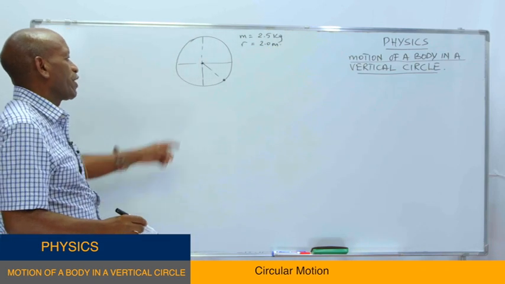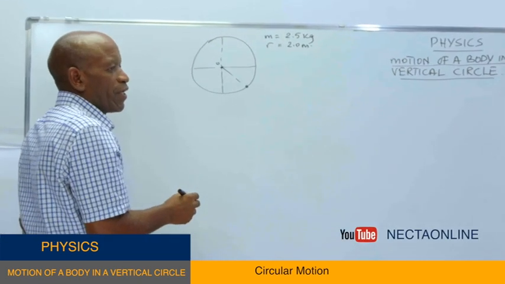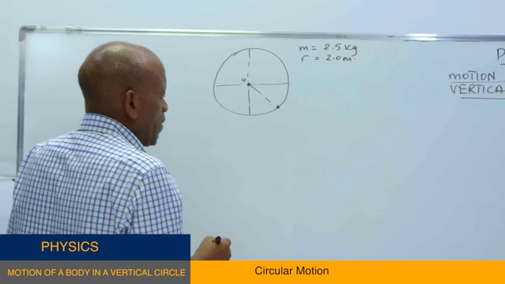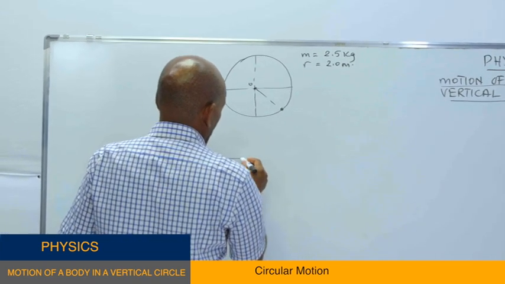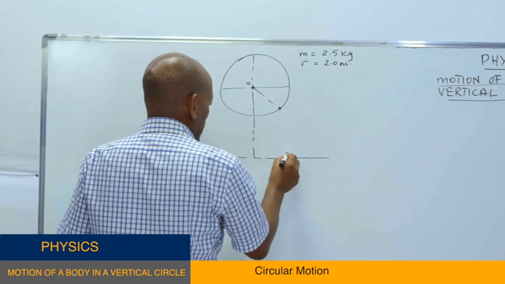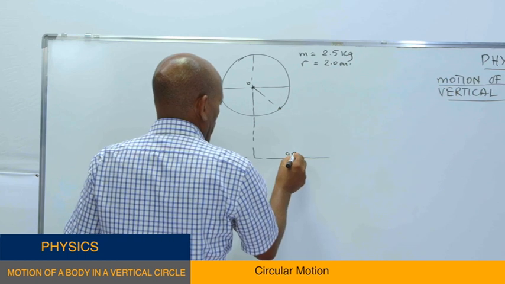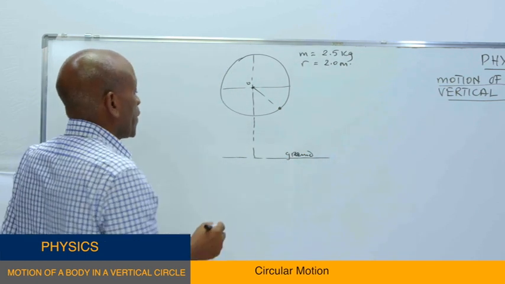It's being rotated from that particular point O, which is 6 meters above the platform. So this is the ground, or more or less we are saying it to be a platform.